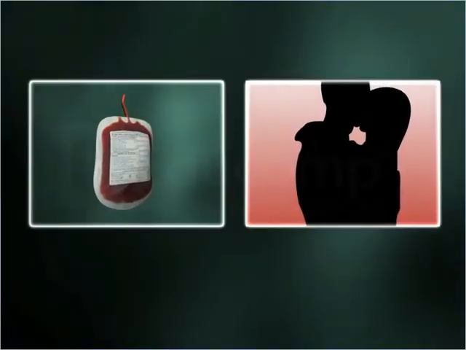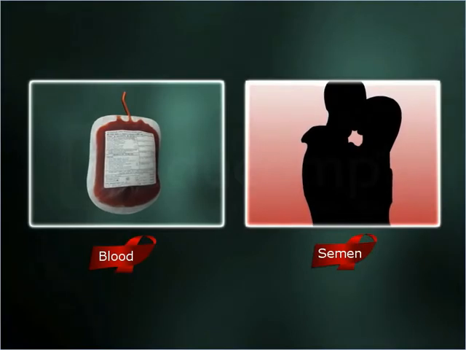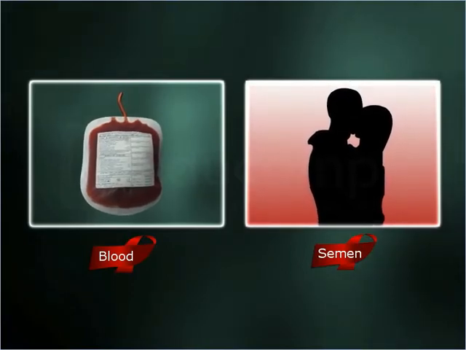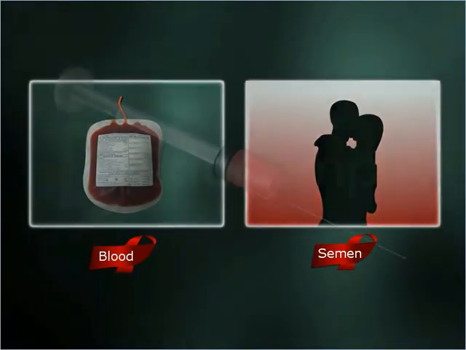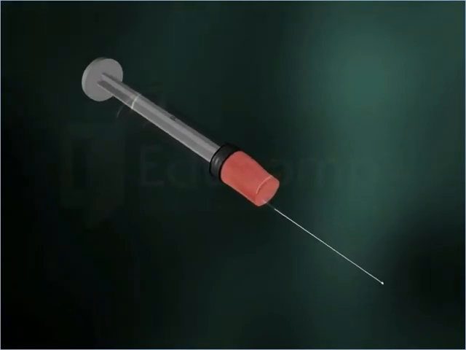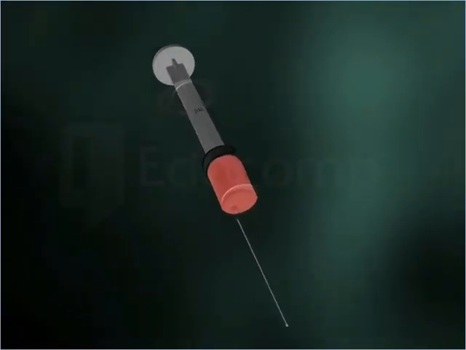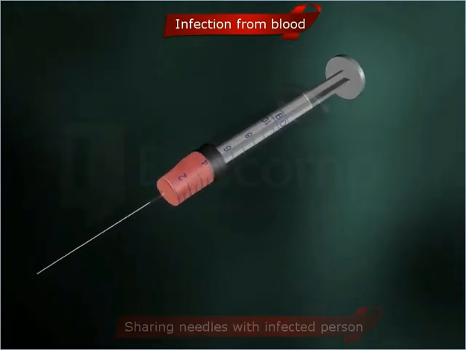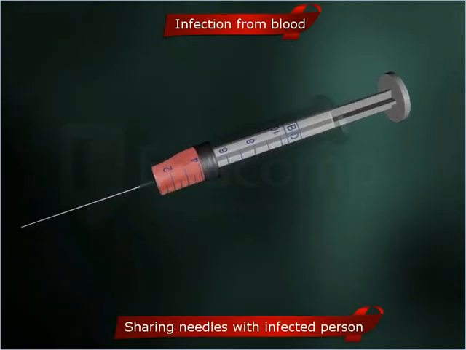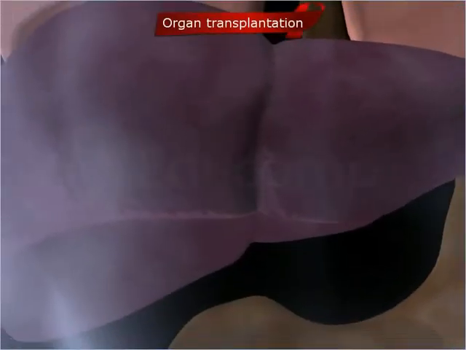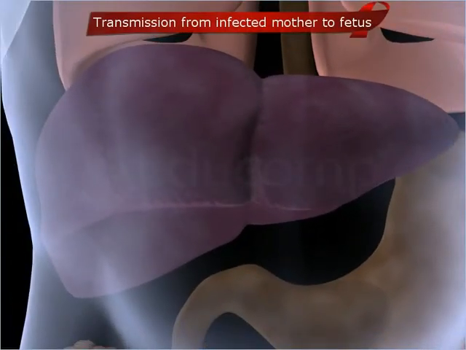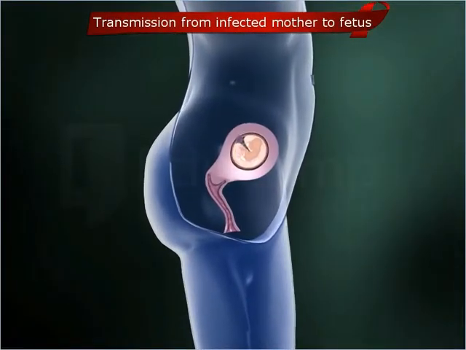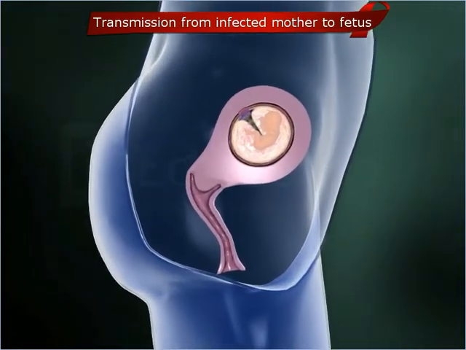In humans, blood and semen are the two known agents that can transmit the HIV. Blood as a carrier can transmit the disease during transfusion of the infected blood, by sharing a common needle for injecting drug, during organ transplantation, or from an infected woman to her unborn child at the time of pregnancy.